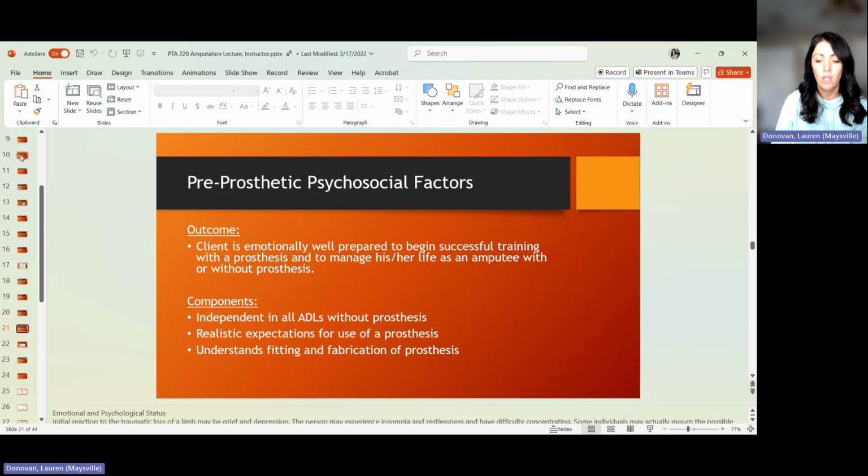So we'll start to work, when they're a candidate, at the beginning stages, on making them eventually more independent with all their ADLs without their prosthetic and eventually with it, but with realistic expectations for their prosthesis. For example, they might not be able to be a sprinter again if that's what they were before. There might be some goals that could be considered unrealistic. Also, understanding how the fit and fabrication of the prosthesis should work.